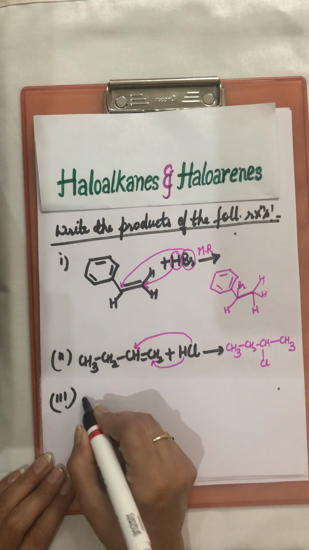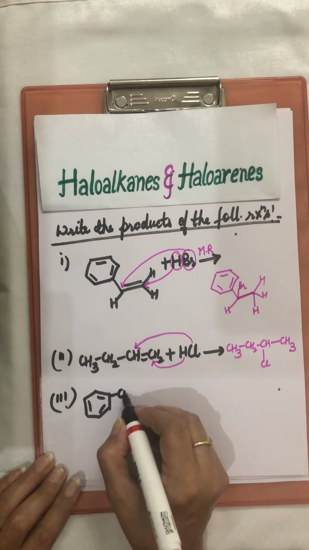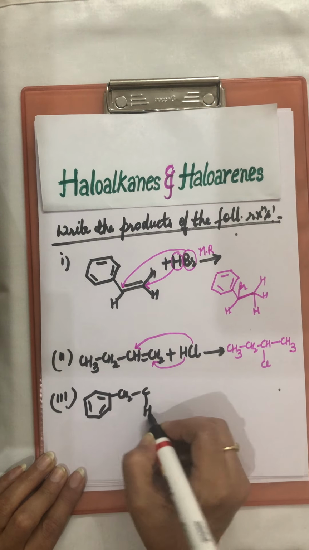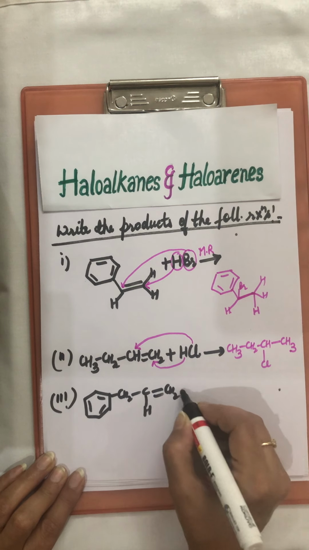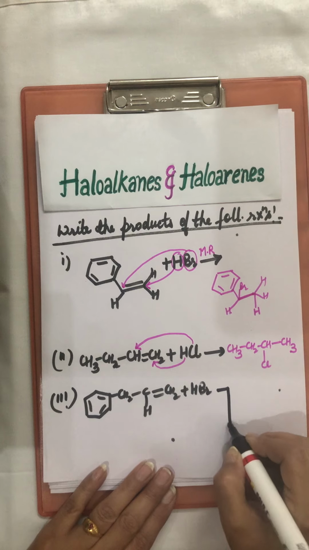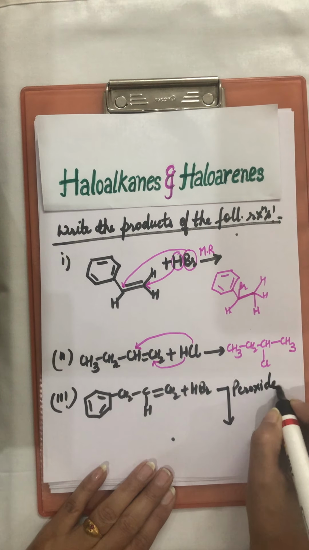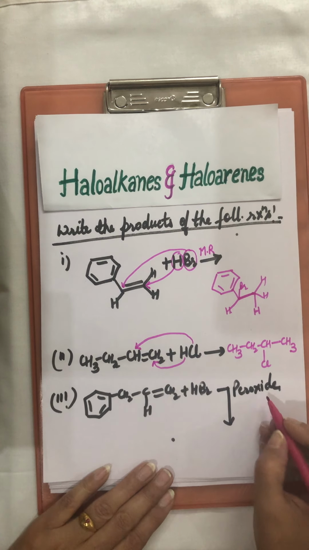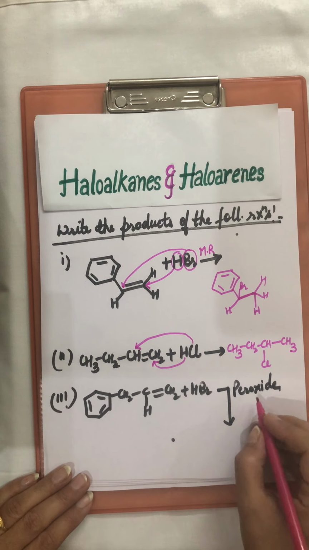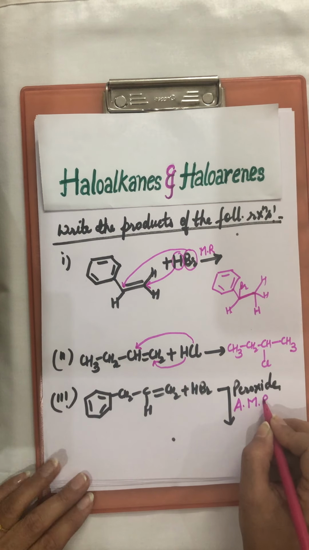Third part, to this compound we are adding HBr, but the addition is in the presence of peroxide now. So if peroxide is present in this reaction, then the addition will be anti to Markovnikov rule.